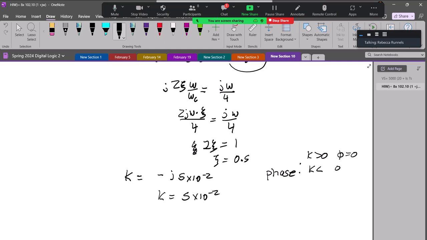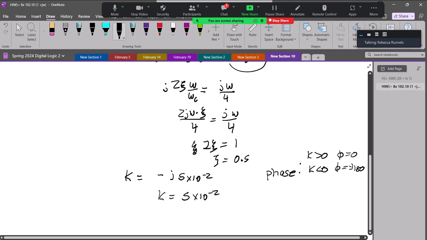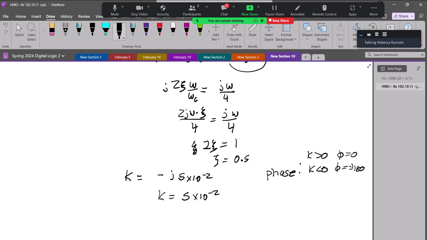If your constant is less than 0, then your phase is plus or minus 180. But if it's purely imaginary, if you have plus j, then your phase is 90 degrees, and if you have minus j, your phase is negative 90 degrees. So this gives us a phase of negative 90 degrees.